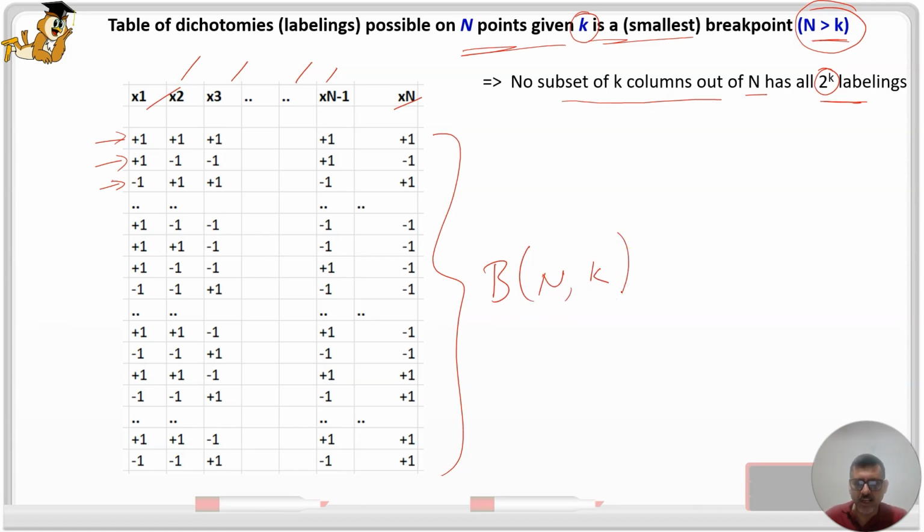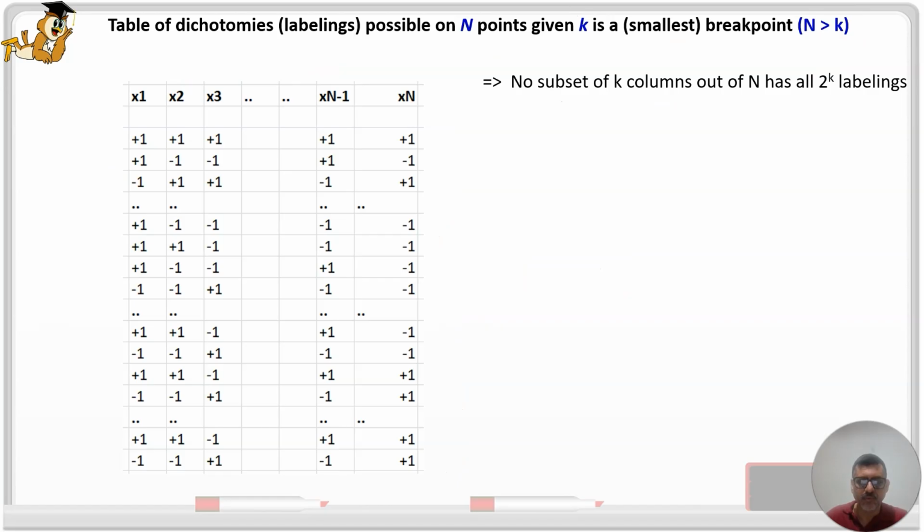So these are labelings. I am going to divide these labelings in a certain manner, but before I do that, I am going to keep xn, the nth point, a little bit separate from the other points. So I have this thick black line right here, and this is the nth point, and these are the n minus 1 points.